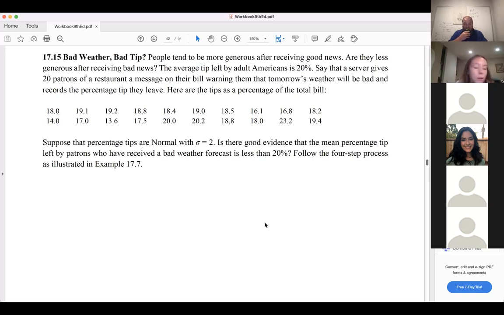Can you say again what you're looking for when we put it in the chat? T statistic or test statistic, p-value, conclusion.